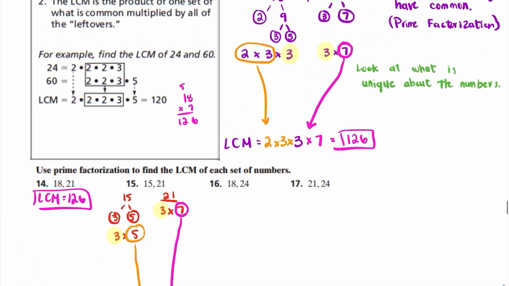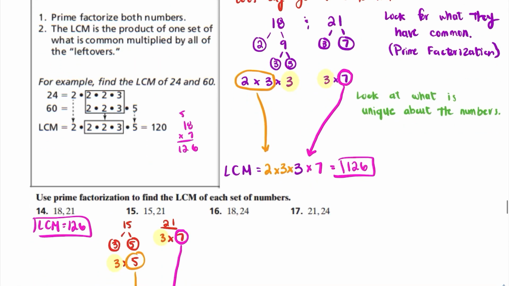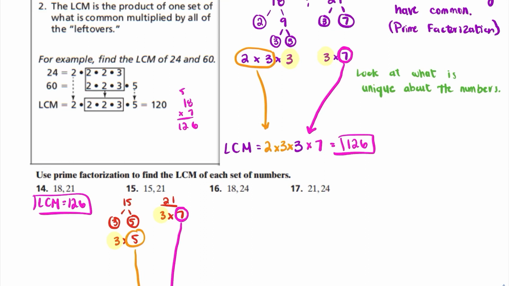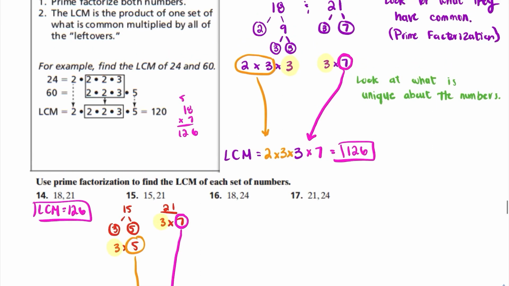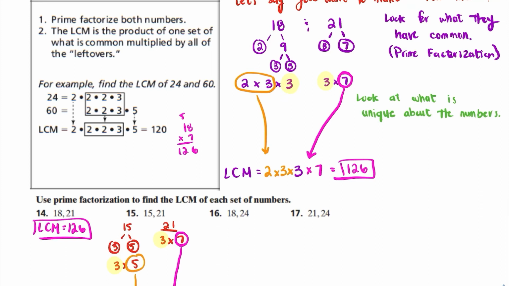Okay, so treat these problems like the numbers are trying to become friends. That might make a little bit more sense than what it's listed here in the box. But if the box makes more sense to you, then that's fine too. You can use that as well.